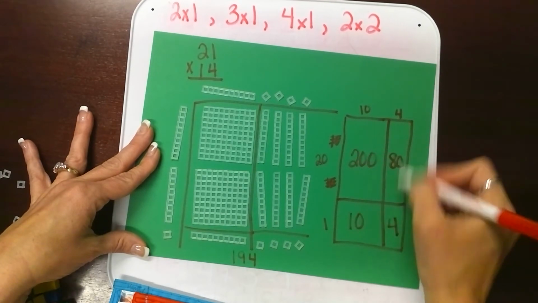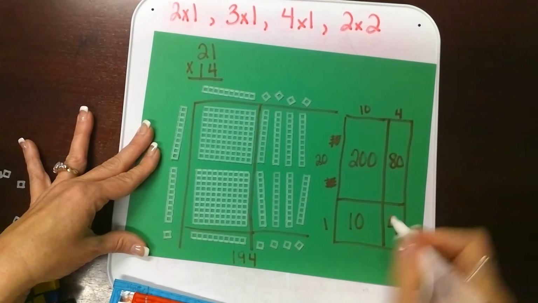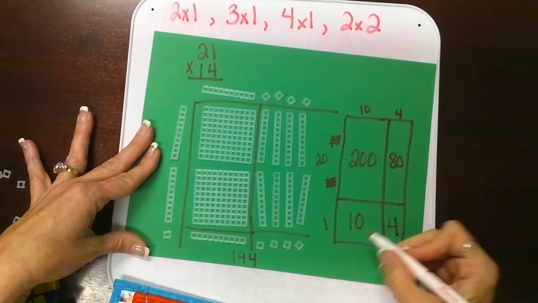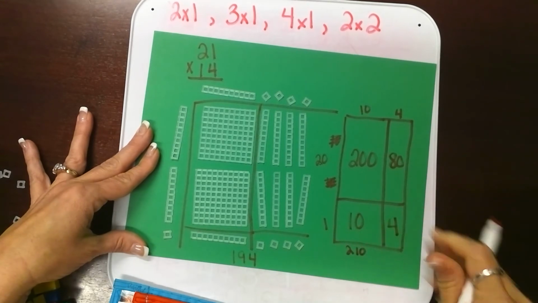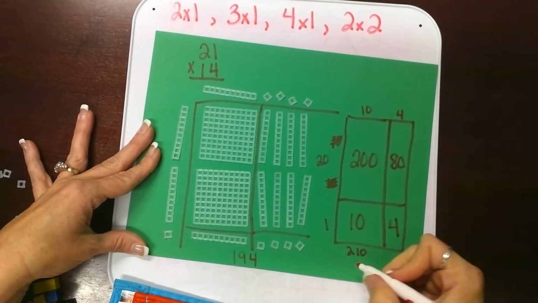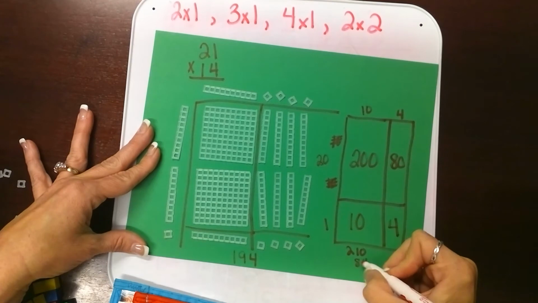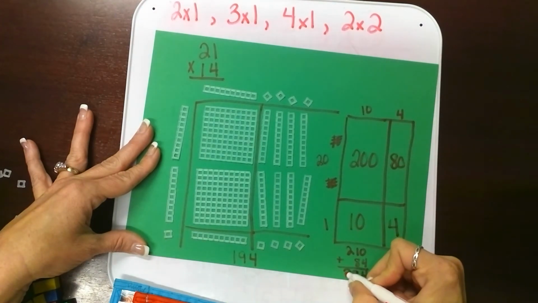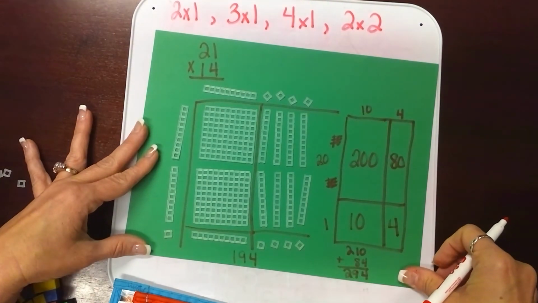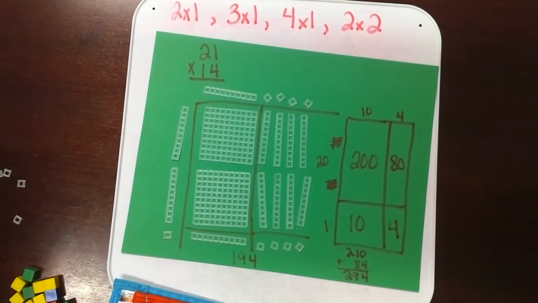You can have them add it this way or add it to the right. It really doesn't matter. So I have 210. Hope you can see that. Yep. Plus 84. And that gives me 294.